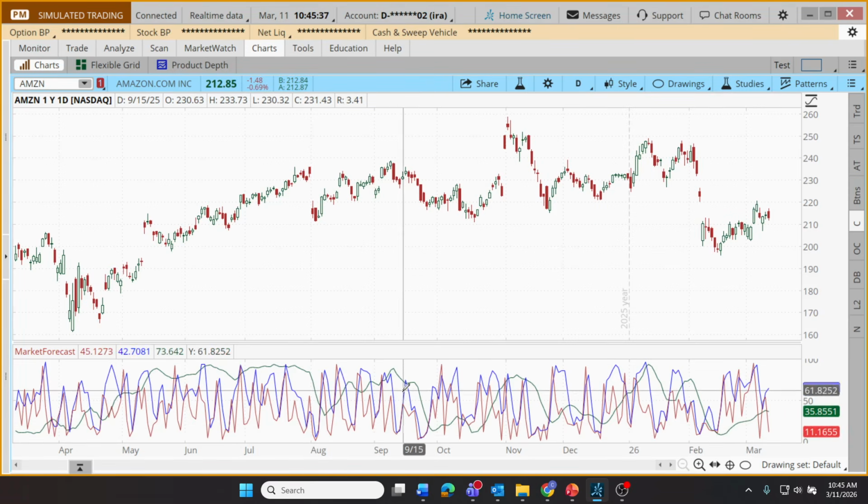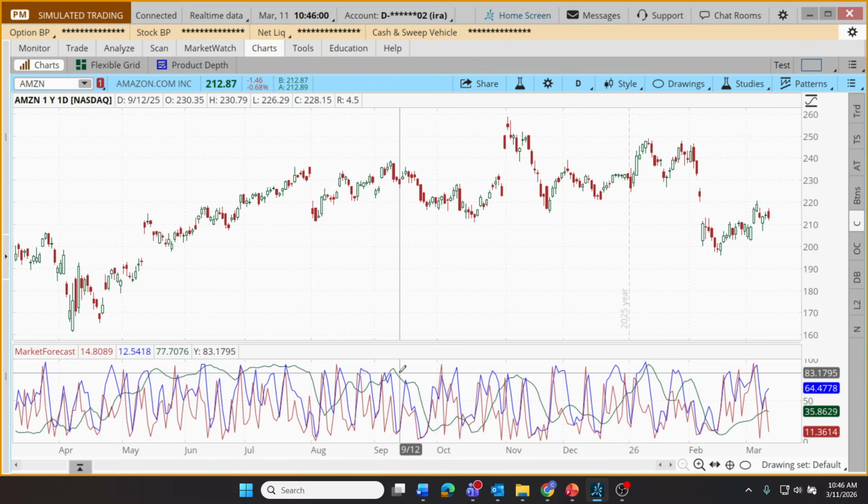Then we have the blue near-term line, a little bit slower than the momentum line, but still gauging momentum over a little bit longer period. And finally, we have the green intermediate line. Now, I'm not going to get into the specific construction of these indicators, but suffice it to say they're effectively shorter to intermediate term stochastic oscillators.